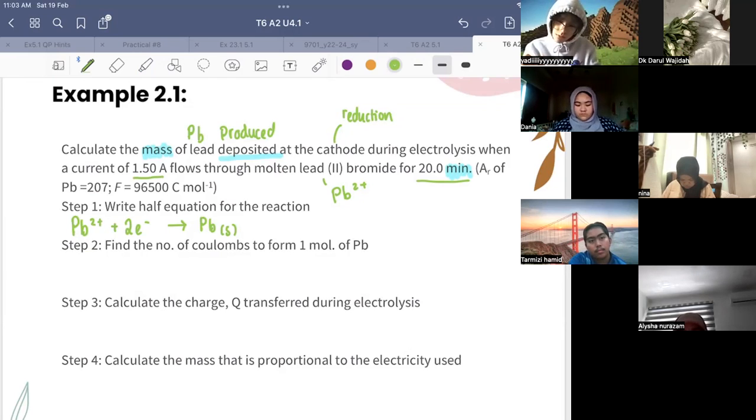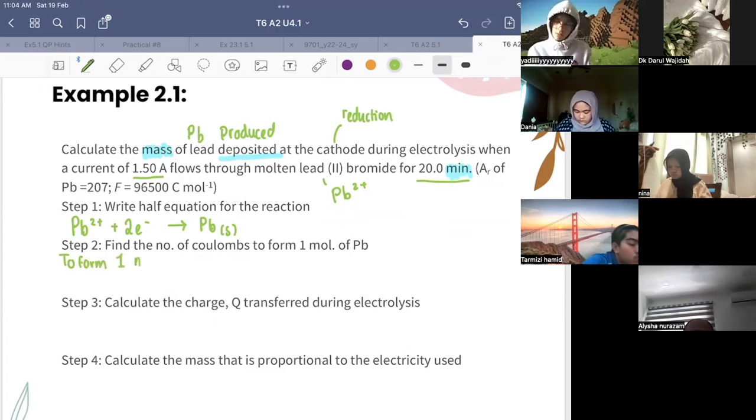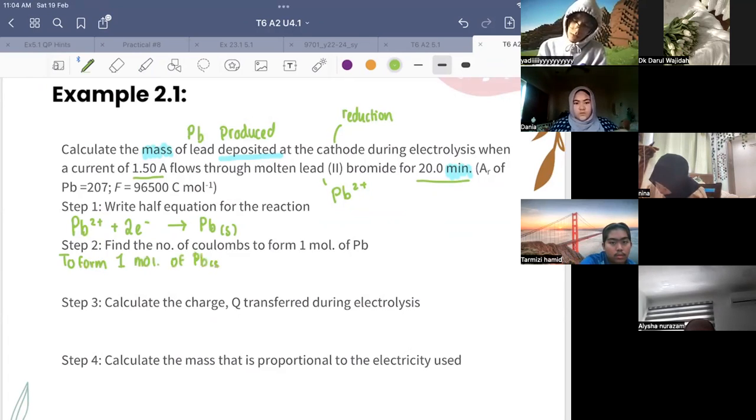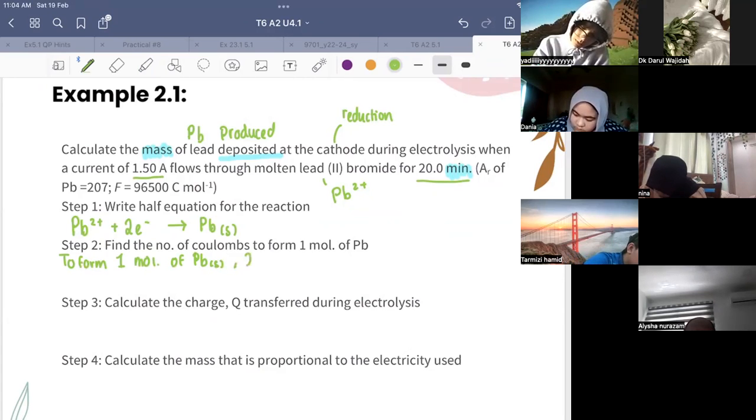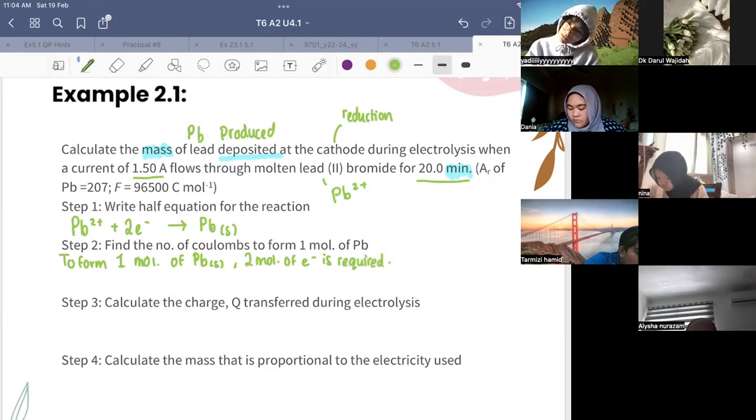To form 1 mole of Pb solid, 2 moles of electrons are required, and 2 moles of electrons means 2 Faradays. Agree?